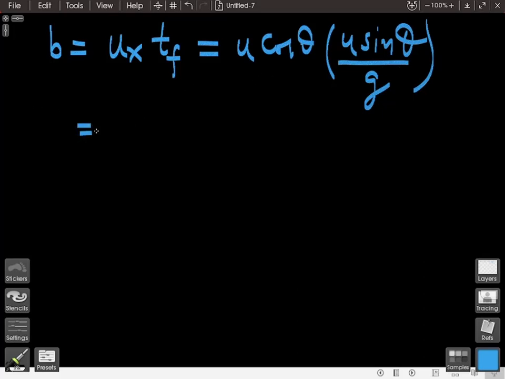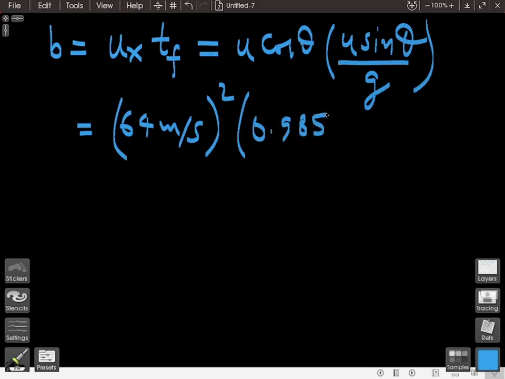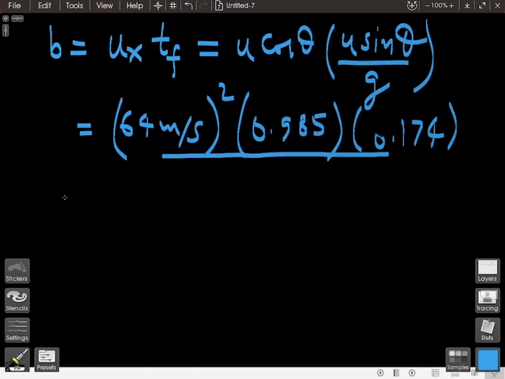Now putting in the values, what we get is 64 meters per second, u squared, times sine theta, 0.985, times cos theta, 0.174, divided by 9.8 meters per second squared. Okay, solving this, what we will get is B will be 71.6 meters, right?